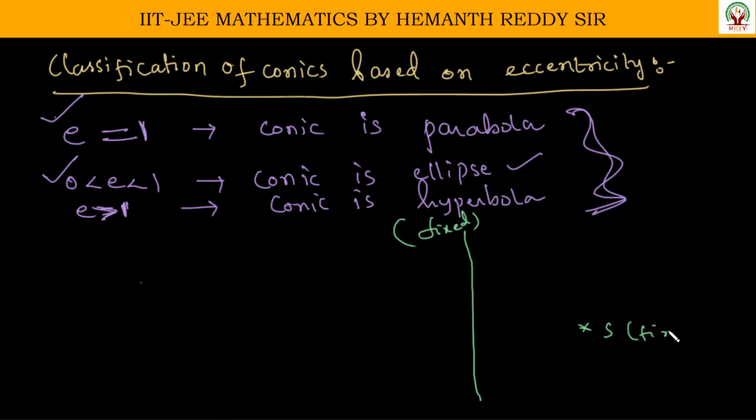This fixed point is the focus, denoted by S. Now I'll take a variable point such that this distance and this perpendicular distance are equal. I'll take one more point such that this distance and this perpendicular distance are equal.